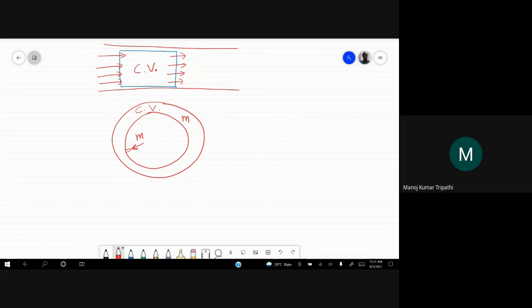So basically, mass that goes in is equal to mass that goes out. Let's say there is some leakage and some mass has gone out.